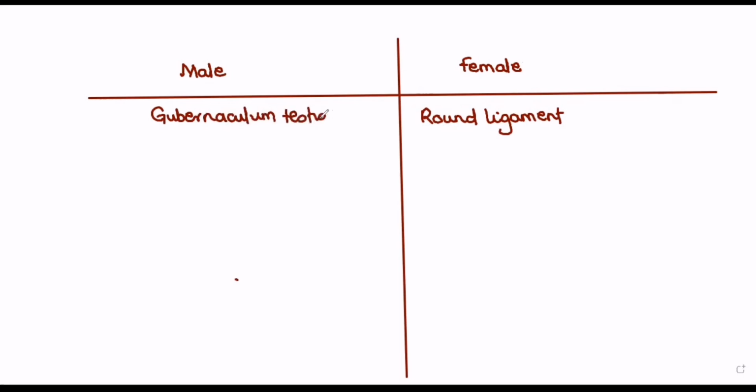So for now, gubernaculum testis. So for now, just know this. If it becomes very important to tell you the rest, I will. But now know this. Can I move on? Yes, Doc. Okay, thank you.